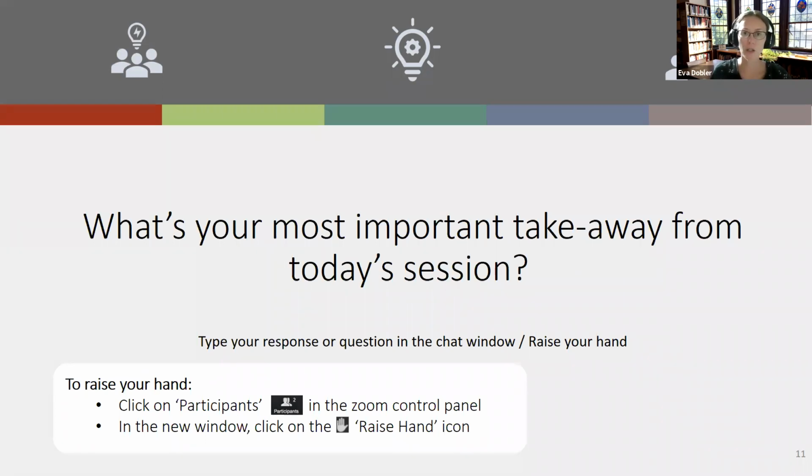Could you also do the same kind of survey as you're doing now with Zoom? Is that a question that was in the chat? Yeah, it was sent to me privately, and I'm just trying to understand when you mean the same kind of, do you mean as a polling? Because you can do some polling.